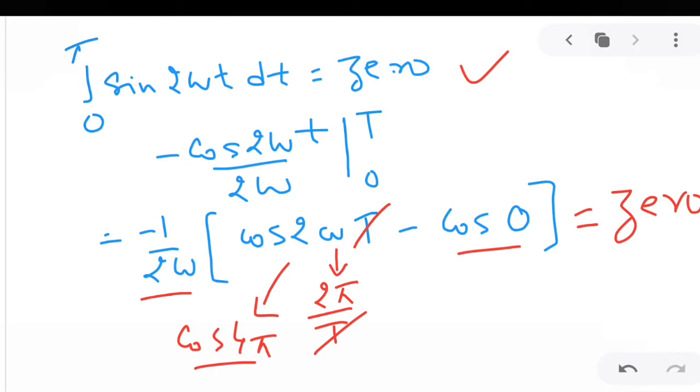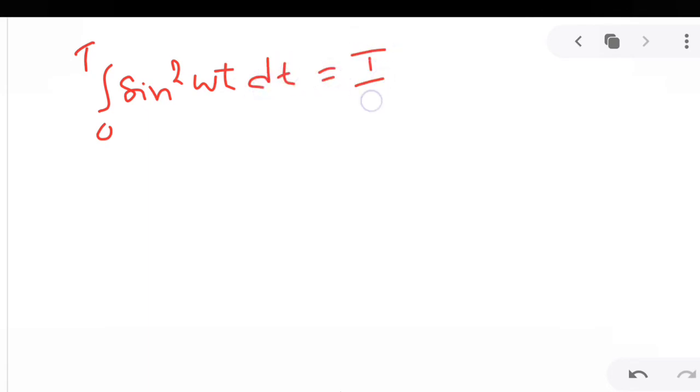Now let us verify the other integral. So we have integral 0 to T sin square omega t dt, and I wrote the result to be equal to T by 2. So let us check this result also.